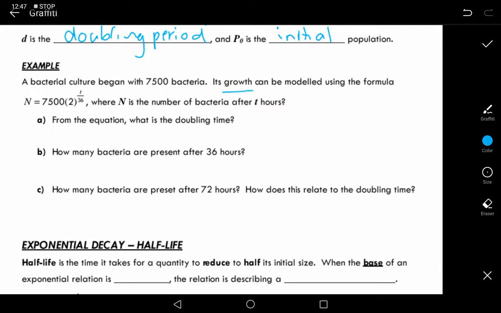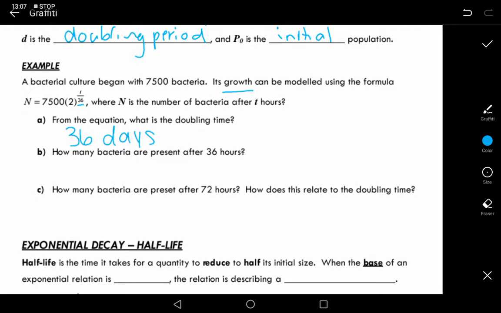From the equation, what is the doubling time? So remember, the doubling time is just D. So in our equation, 36 is in the spot where D would be. So our doubling time is 36 days. So that means it takes 36 days for these bacteria to double in size.